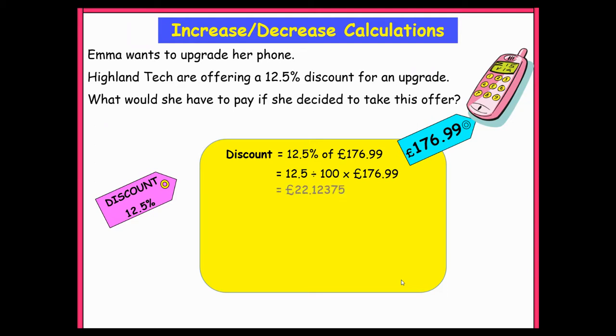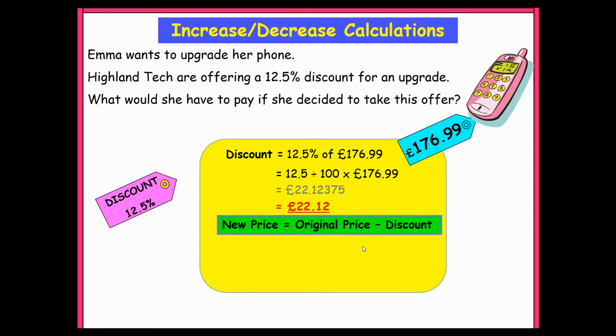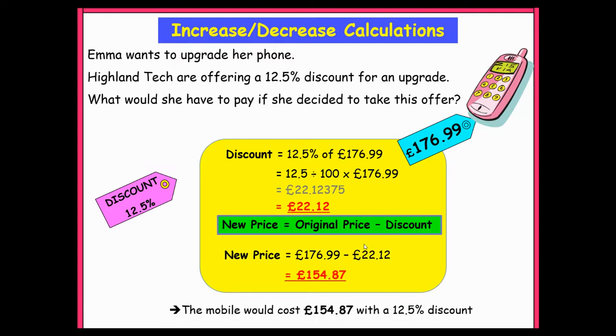And what you'll find is your calculator gives you a funny answer. You have to round it to the nearest penny. So that will be £22.12. And then we are going to do the same. So the original price less the discount and get our answer. So just be careful, you might have to round it out.